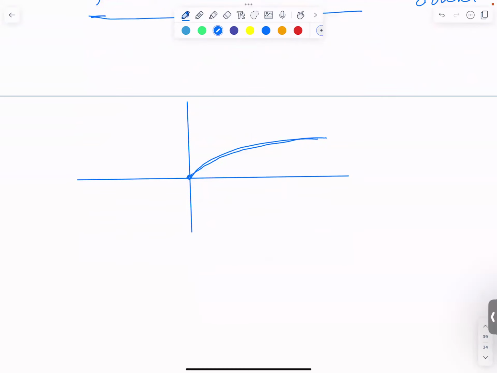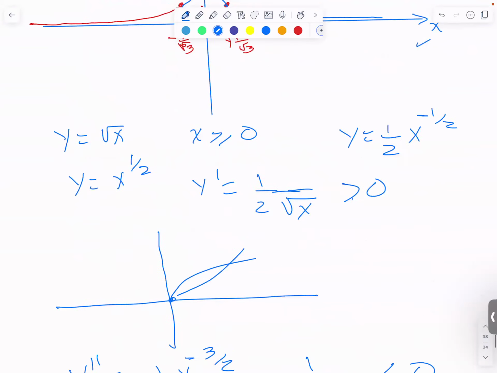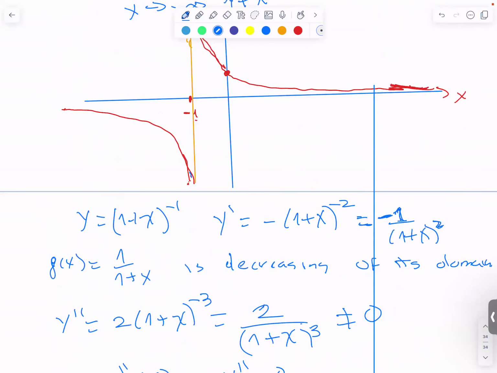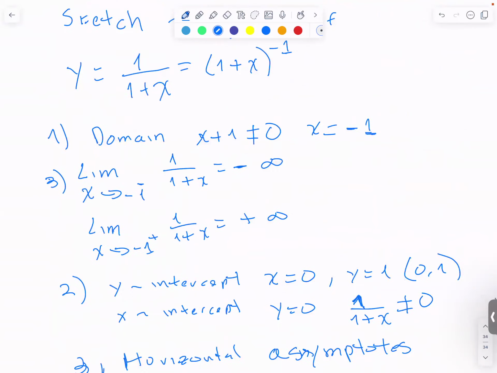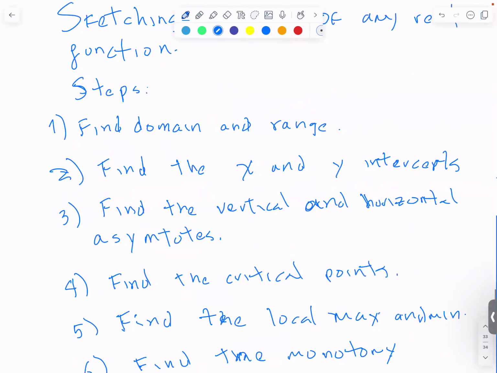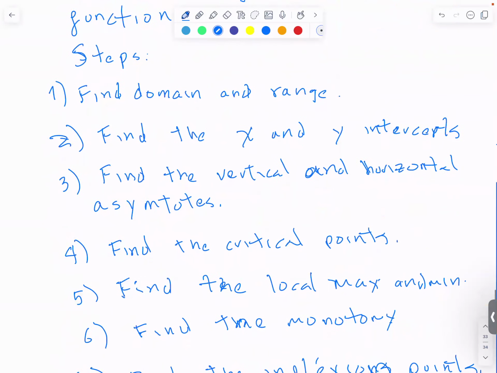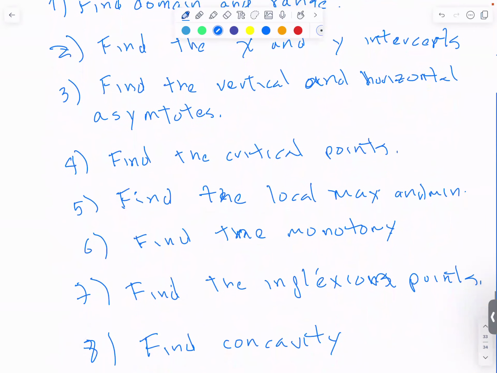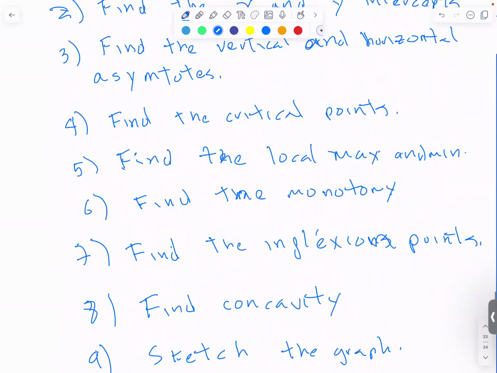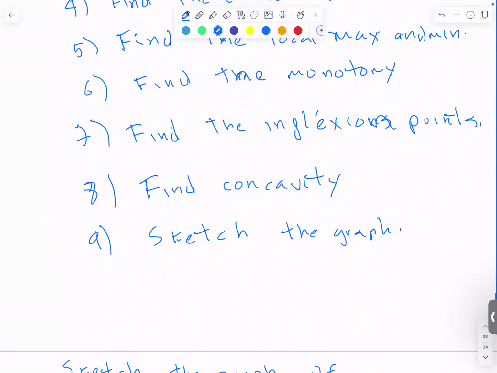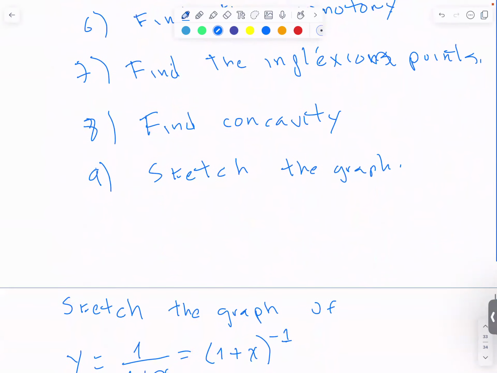Now, I gave you 3 examples. I can give you more, but if you follow these steps, you can graph any real function. The steps are: find the domain and the range, find the x and y intercepts, find the vertical and horizontal asymptotes, find the critical points, find the local maximum and minimum, find the monotonicity, find the inflection points, find the concavity, and sketch the graph.